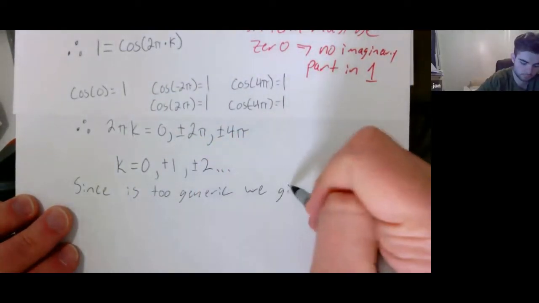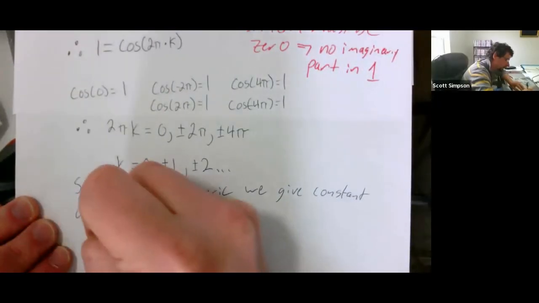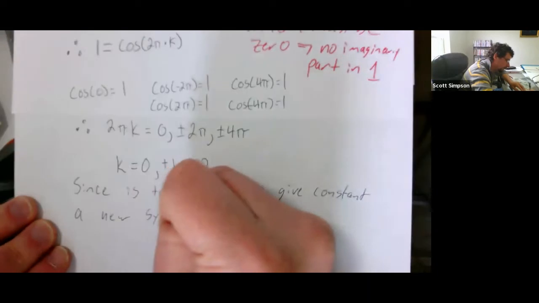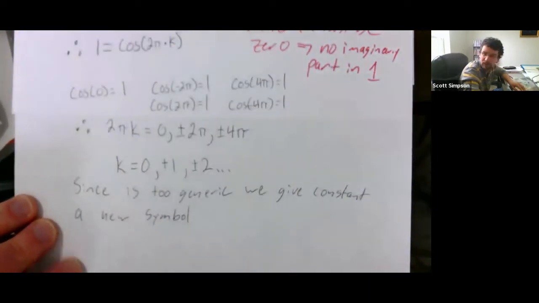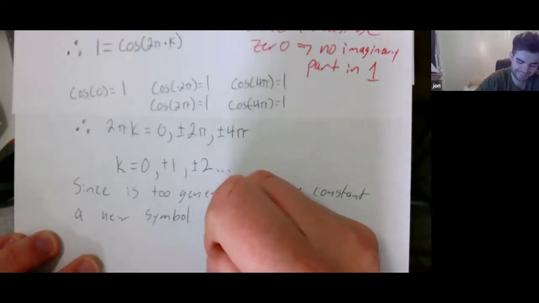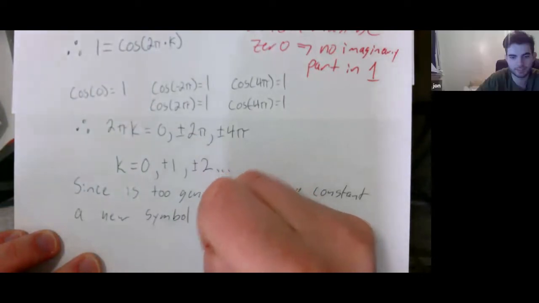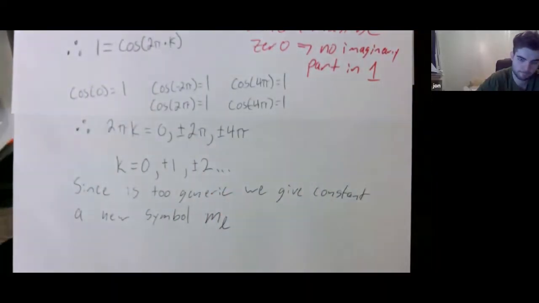Since K is too generic, we give our constant a new symbol. Anybody know what that new symbol is? Is it something Greek? Nope. Was it the m sub l from the? Yep, m sub l.